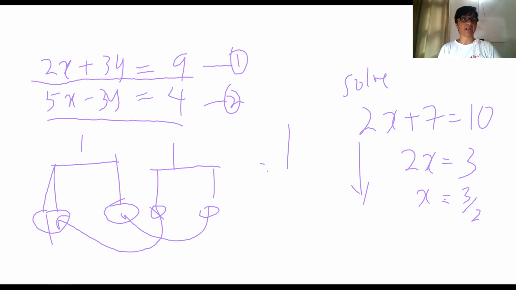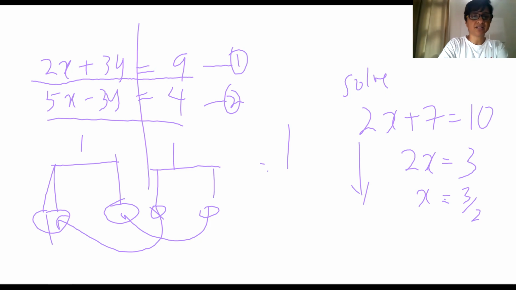Knowing this, you don't just randomly add. If it is not useful, if it doesn't take you to your result, you won't do it. You do it because, in this example, if I add the two equations, left side to left side and right side to right side, the y is going to get cancelled. Now this is your balance.